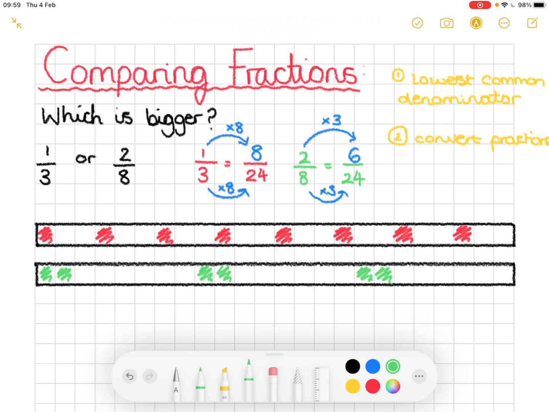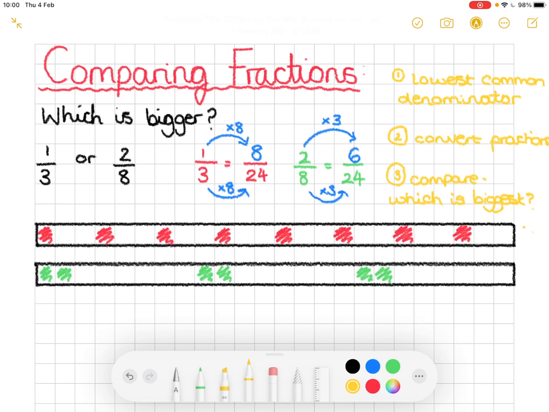So the final step that we need to do is work out which is biggest. So we compare them, and we look at our question, which is biggest? You might also be asked which is smallest, in which case you would just go for the lower number. So, which is larger, 8 or 6? We can say that because their denominators are the same now. Both denominators are 24.